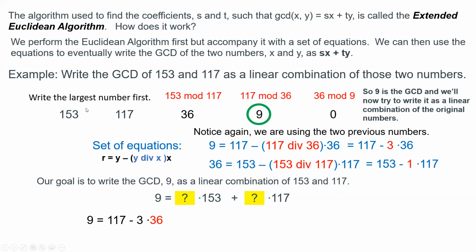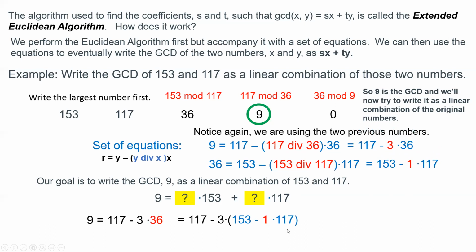Those were the originals, right? So I'm going to take what 36 is equal to and put it in right there. In place of 36 here, I put this 153 minus 1 times 117, okay?